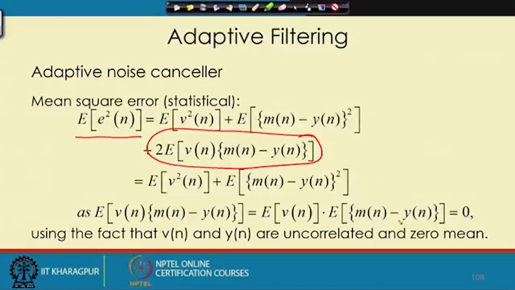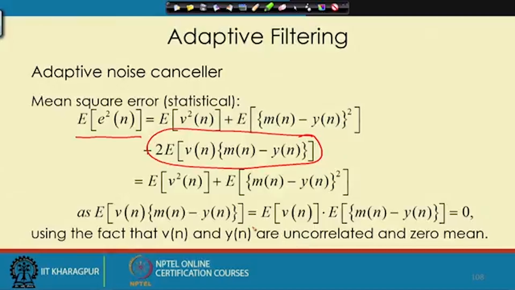Now, as the noise is zero mean and the signal is also zero mean, the expected value of both these terms would go to 0. So, the cross term goes to 0, and all we need is uncorrelatedness of the signal and the noise. And please note that there is no more demand on the signal, we do not even ask for the stationarity of the signal.